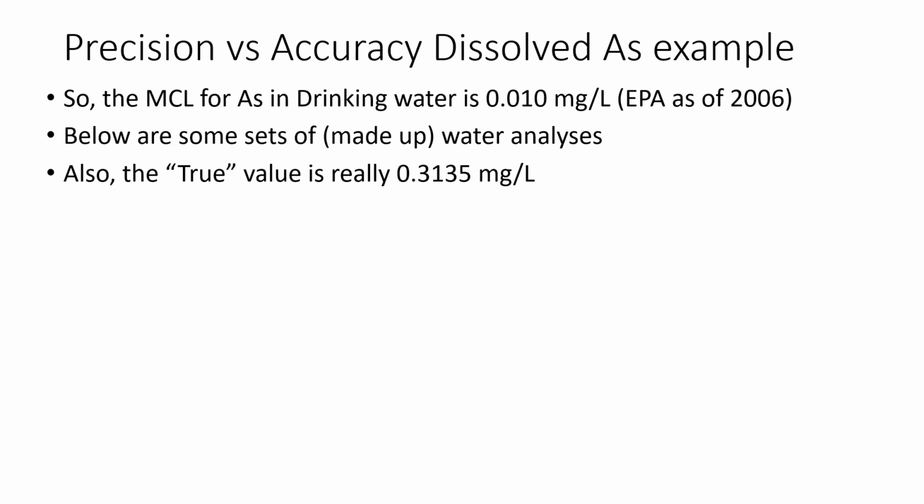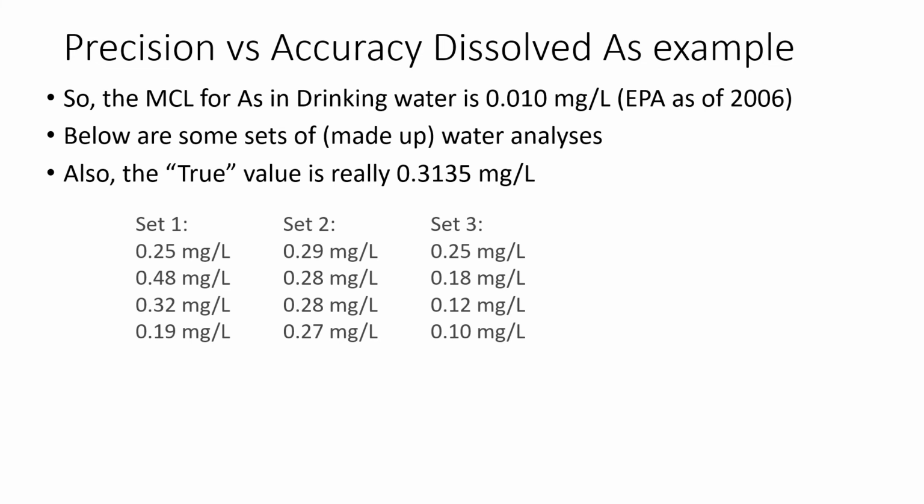Now let's say that we know somehow that the true value is really 0.3135 milligrams per liter. Let's say I've taken some samples and given them to students in an environmental chemistry lab to analyze, right? So here are the 3 different sets of measurements, right?